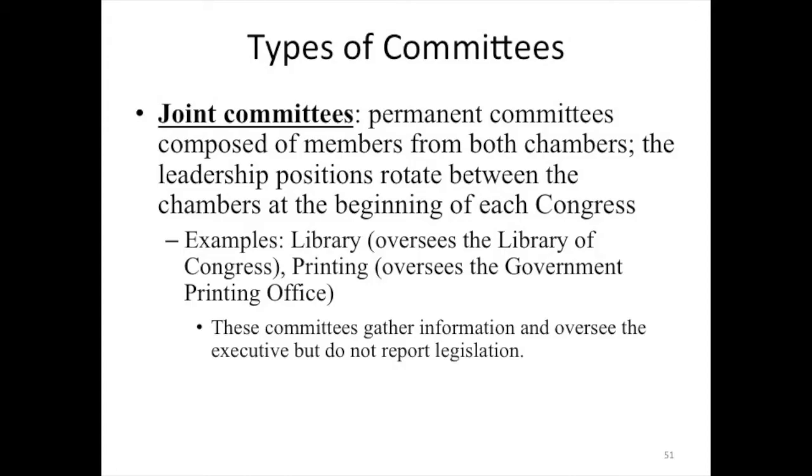Leadership positions rotate between the chambers at the beginning of each Congress. But these are committees that have relatively low authority. For example, the Joint Committee on the Library oversees the Library of Congress. The Joint Committee on Printing oversees the Government Printing Office. So these committees in general just gather information and oversee the executive. They're not reporting legislation.